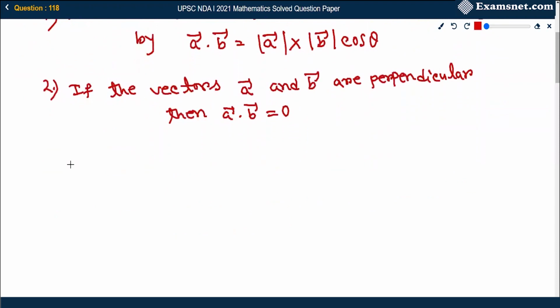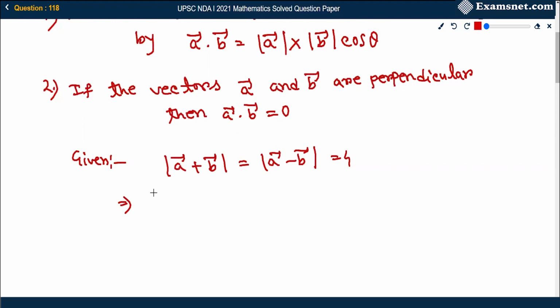Okay, so here, given mod of A plus B equals 4, we can square both of the sides.